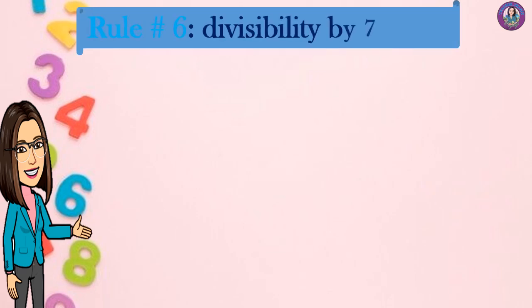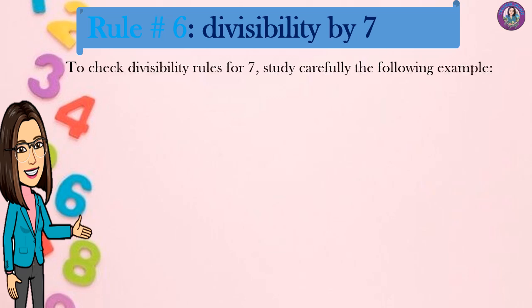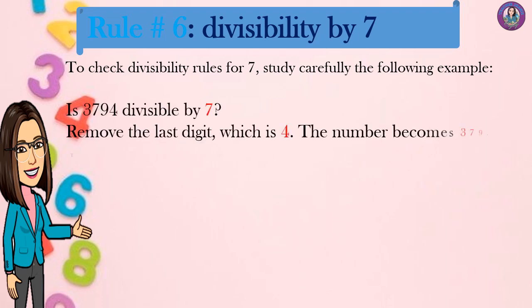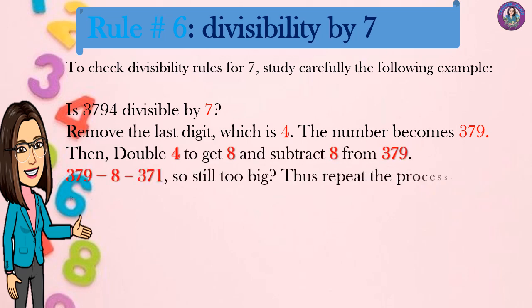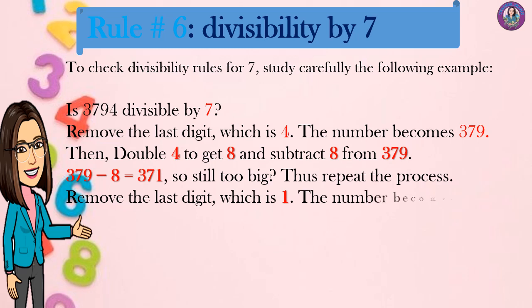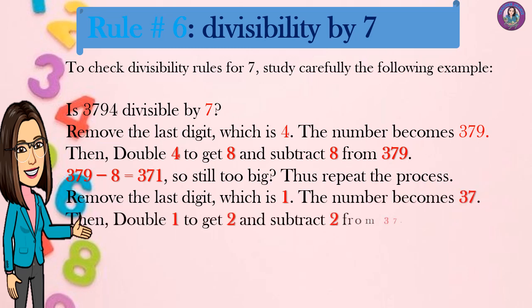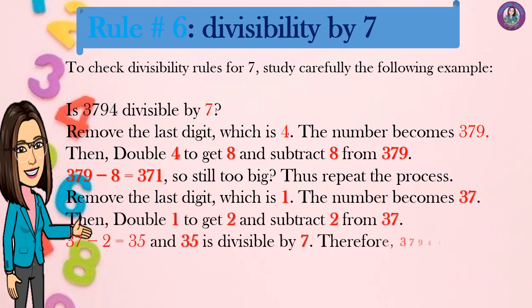Rule number 6, divisibility by 7. To check divisibility for 7, study carefully the following example. Is 3,794 divisible by 7? Yes or no? Here are the steps. First, remove the last digit, which is 4.